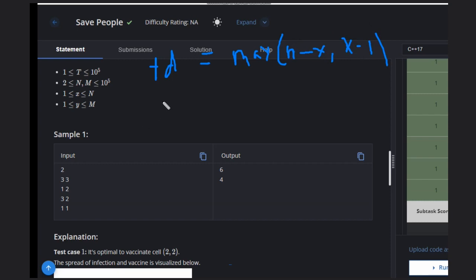And left right will be the maximum of m minus y, comma y minus 1.